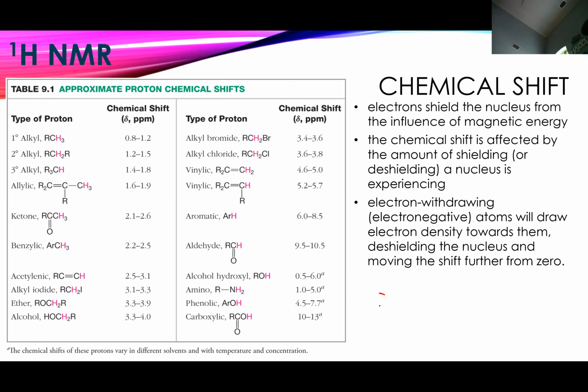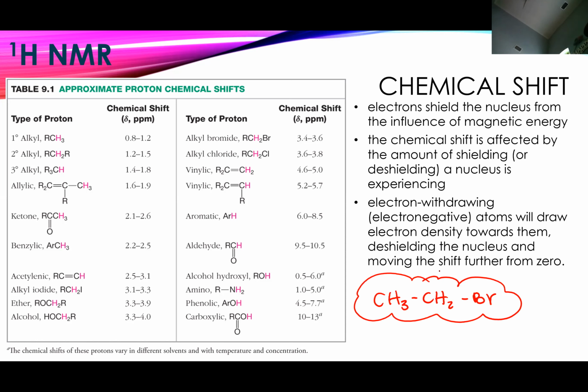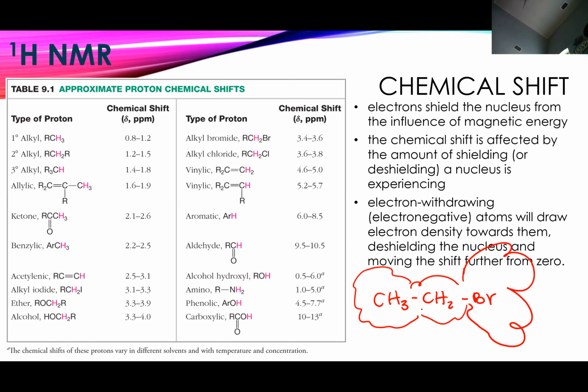So in our previous structure, the protons for CH2 were around 3.4 because instead of having a happy, evenly shared electron cloud, what we actually have is bromine hogging the electron cloud, a small one around CH2, and then CH3 gets to have a little more of its electron density because it's farther away from the bromine.